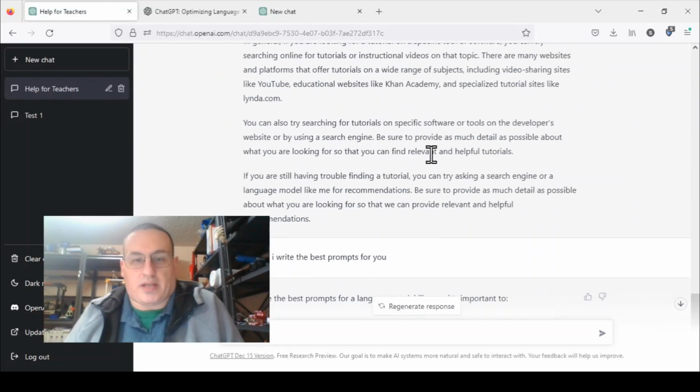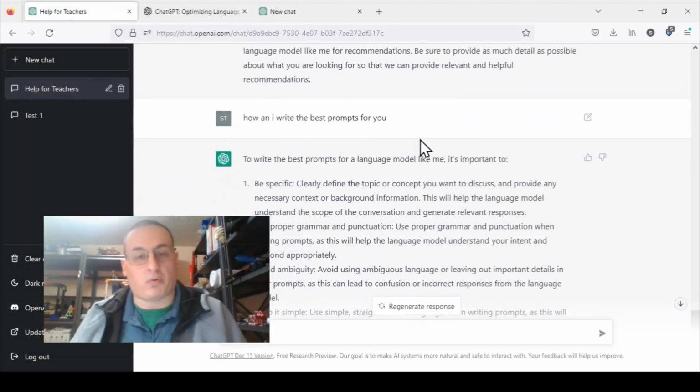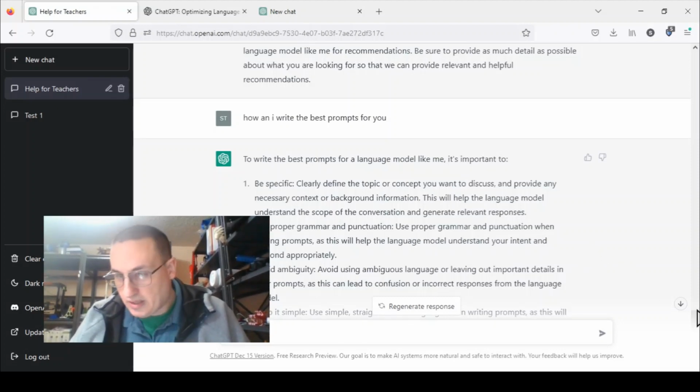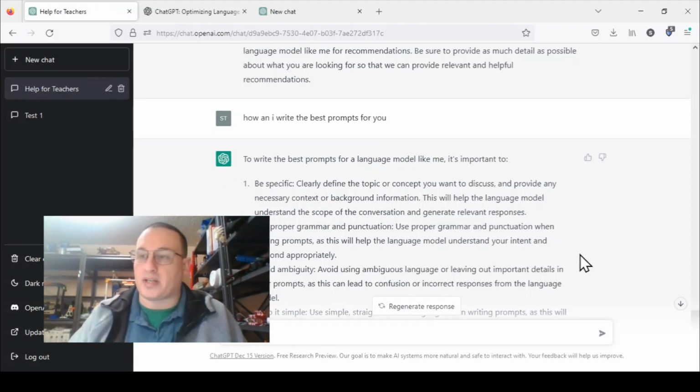So another question is what are the best ways to write prompts for this? Now, this is a language model, so the better and more concise your language is, the better. This could be a difficult thing for some students, especially ELL second language students, or for times when you're not sure what your topic or prompt should be.